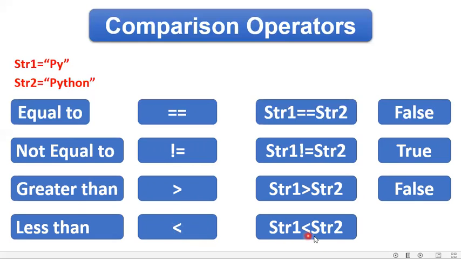If we check str1 less than str2, I will definitely get the result true, because, of course, it contains 2 characters and str2 contains 6 characters. And why are we checking the number of characters? Because both characters of str1 are similar to the first two characters of str2.